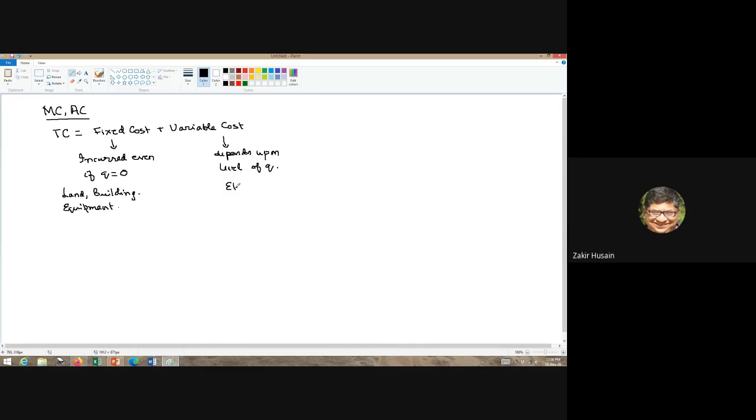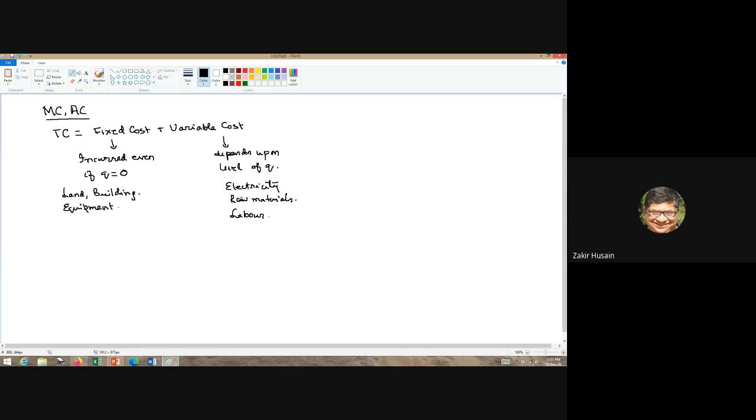On the other hand, if you increase your level of production, your electricity and raw material consumption is going to go up. Labor is assumed to be a variable cost.